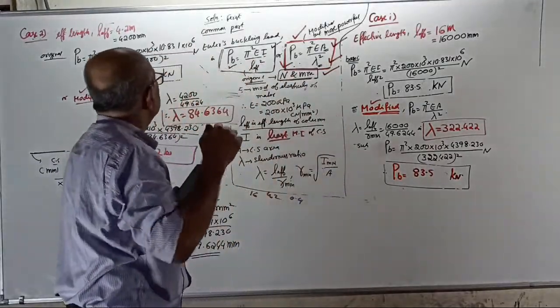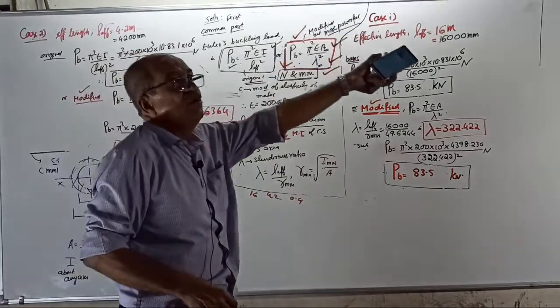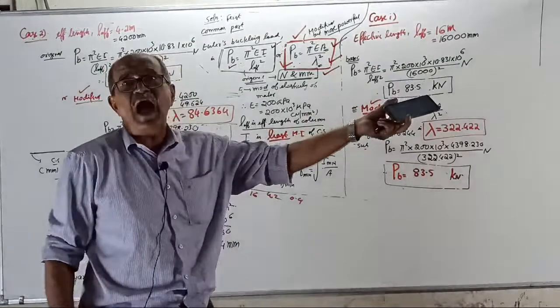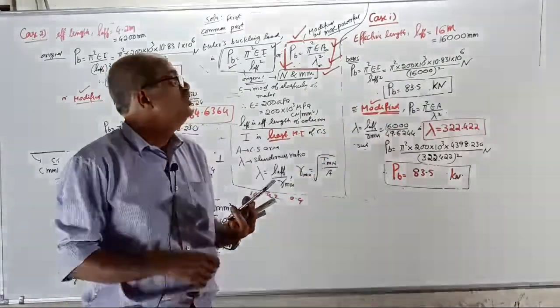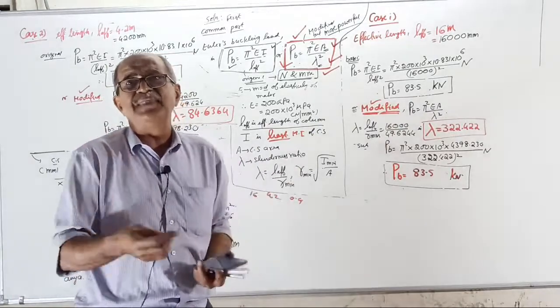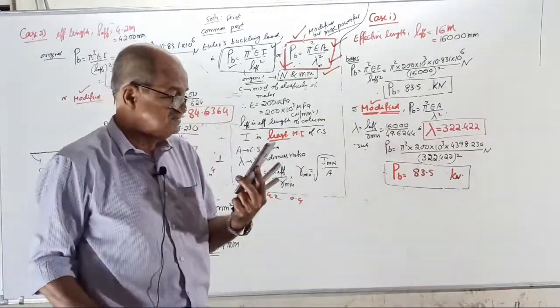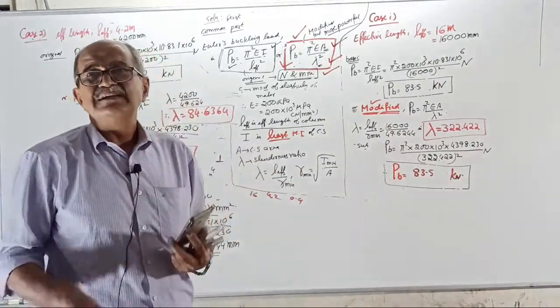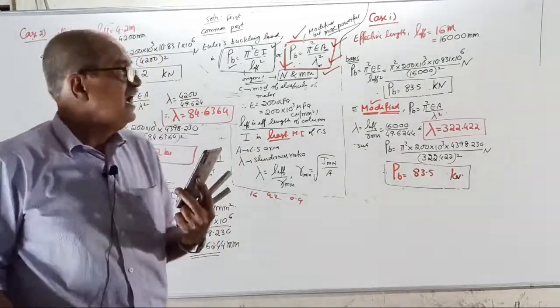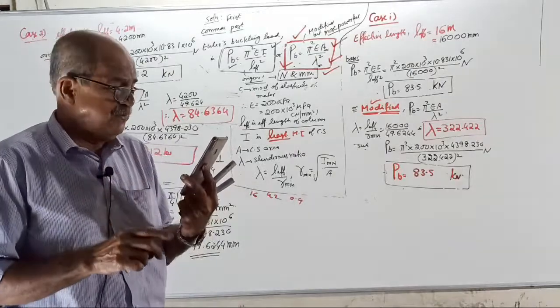If tomorrow I come and tell you, sorry, last time I told least value, take the higher value, or last time I told you to add, sorry, you should not add, you have to multiply or subtract, that is the end of my teaching. I will not take one more class. I have never said sorry so far.